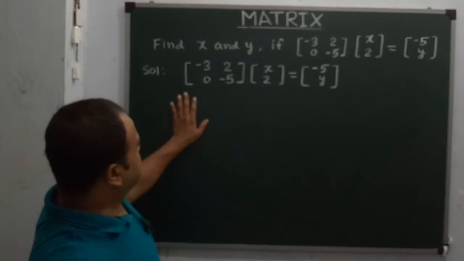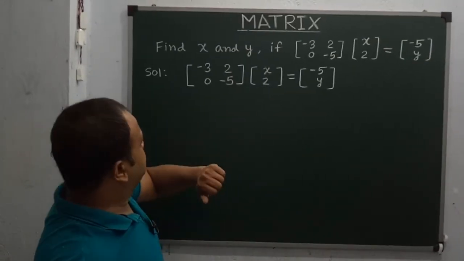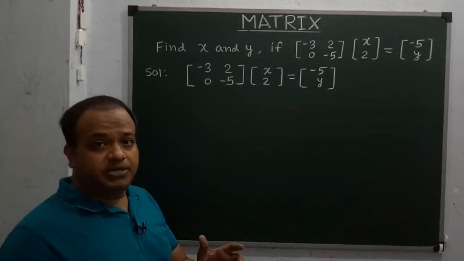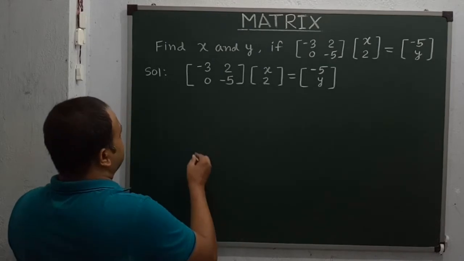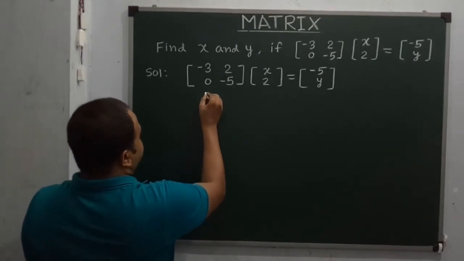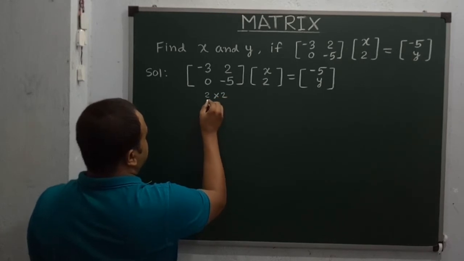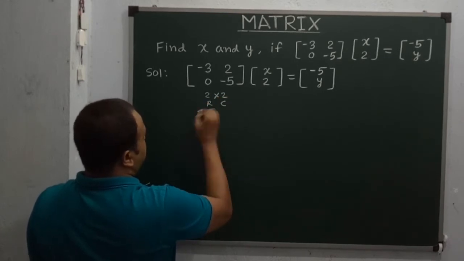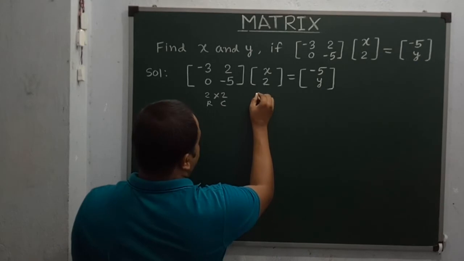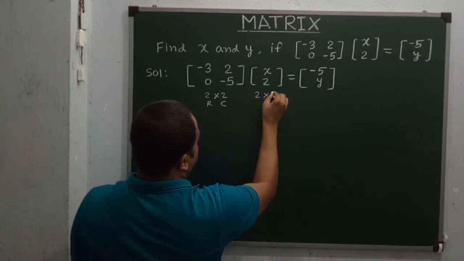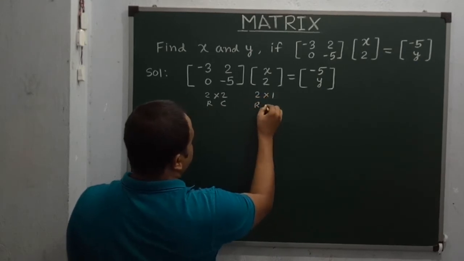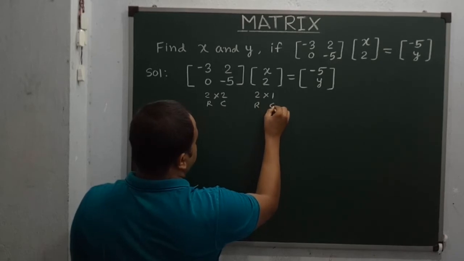In the solution part, I have already copied the question. Now again, the fundamental rule we have to remember. The order of this matrix is 2 into 2. This is row and this is column. And here R into C is 2 into 1, meaning the number of rows is 2 and the number of columns is 1.